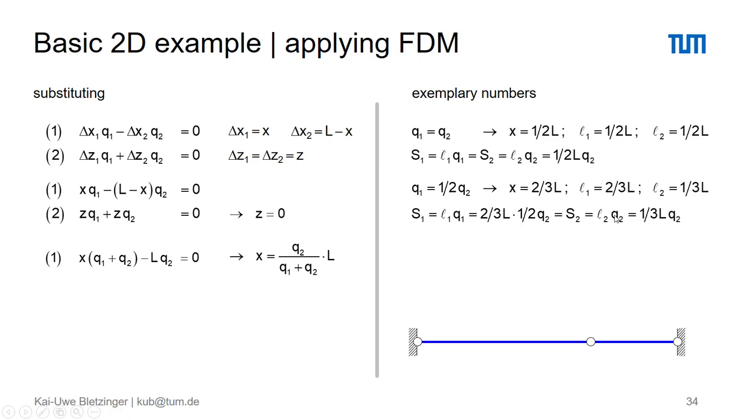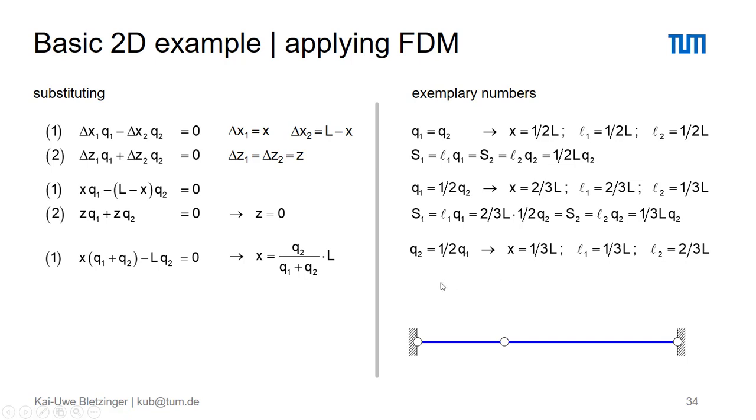And that's exactly what we receive as well if we determine S2 by the product of small letter L2 times Q2. So it's indeed true, and that might be surprising at first glance, that for non-equal force densities we receive equal forces, which must be the case, otherwise it would not be in equilibrium.